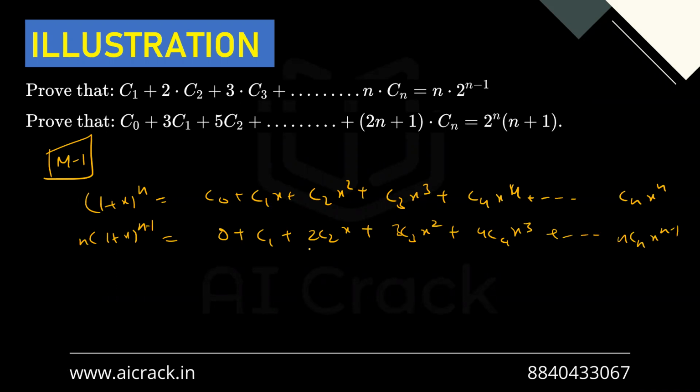And now if I plug in the value of x equals to 1, then I'll be getting n times 2 raised power n minus 1 equals to C1 plus 2C2 plus 3C3 plus 4C4 till NCN, right?